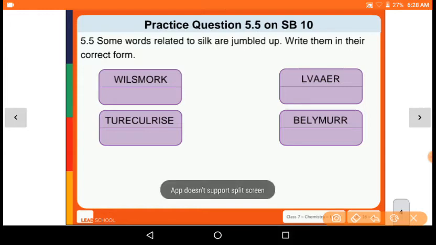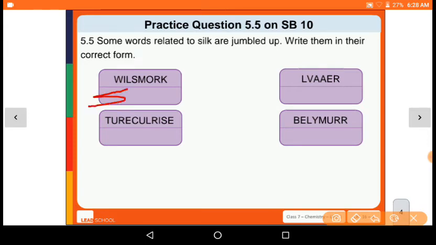So first is WILSMORK, which is silkworm. Silkworm.